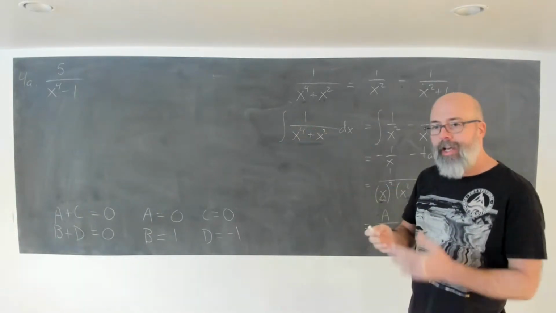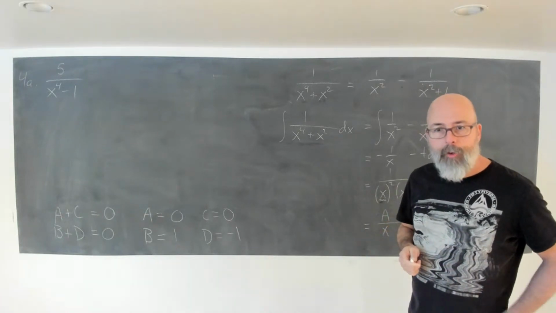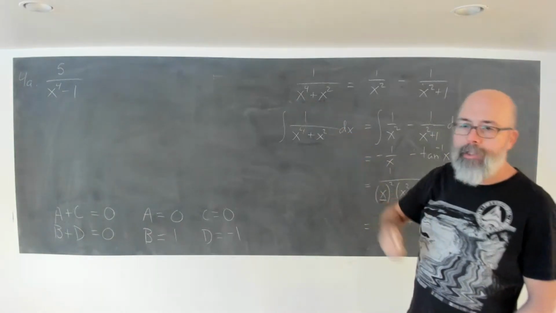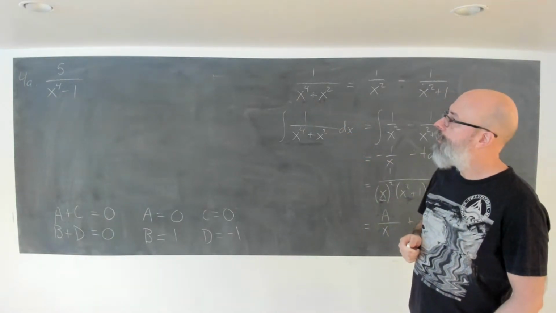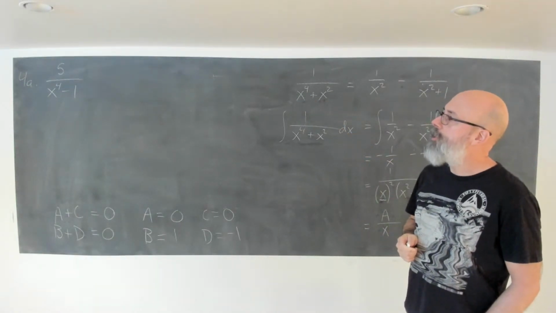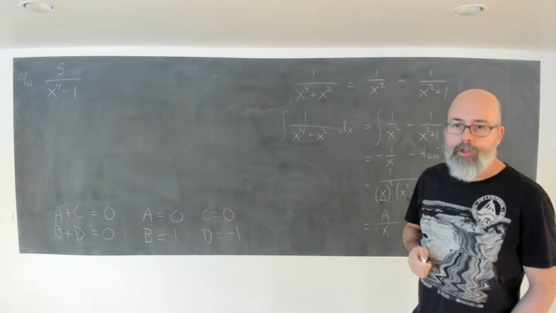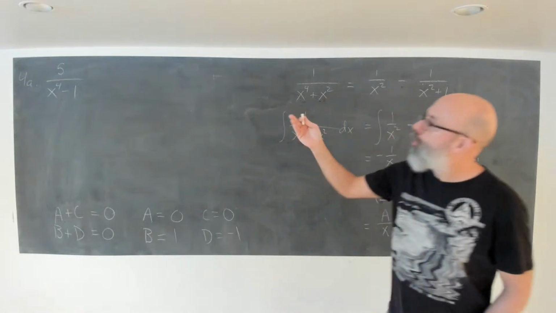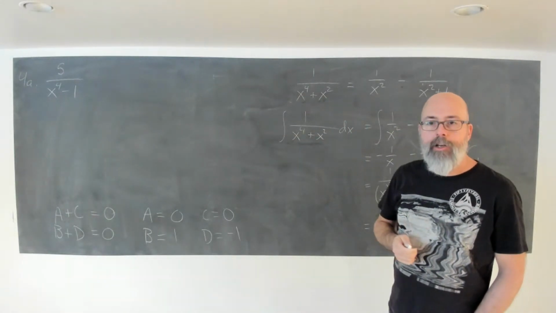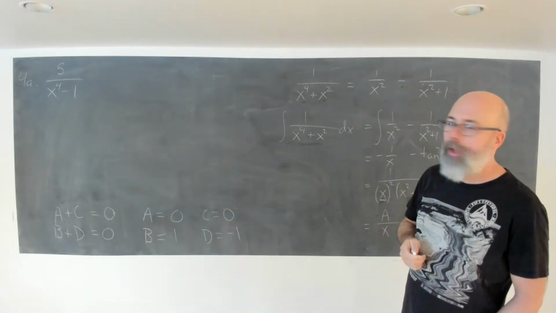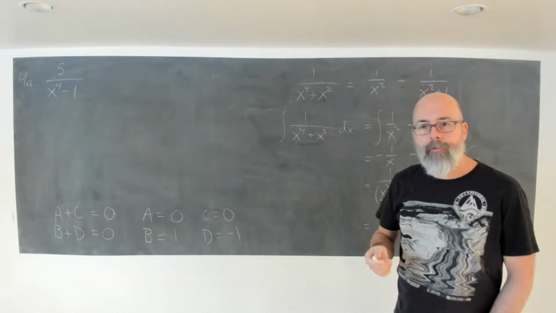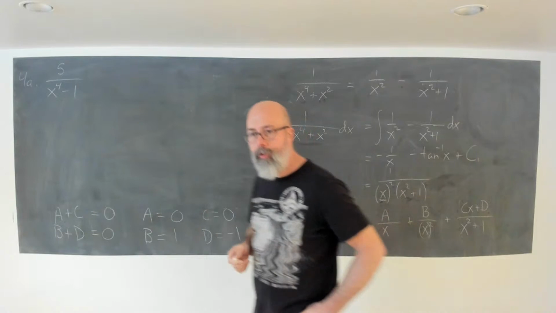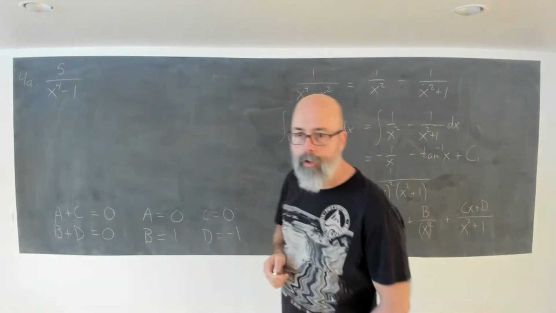Here, the question is just asking us for the form of the partial fraction decomposition. It's not asking us to solve. So let's decompose this using partial fraction decomposition. You know, since it is probably easy enough, maybe we'll solve here as well. How does that decompose? Decompose, factor the denominator into a product of irreducible polynomials.